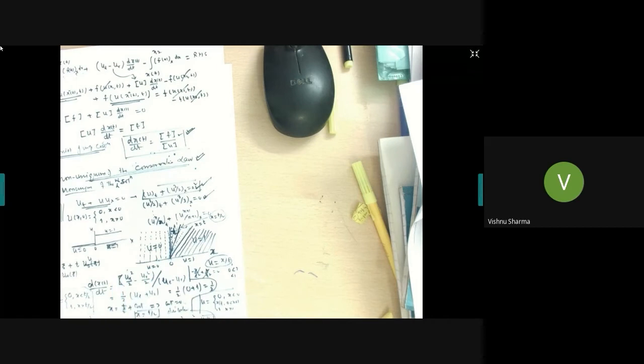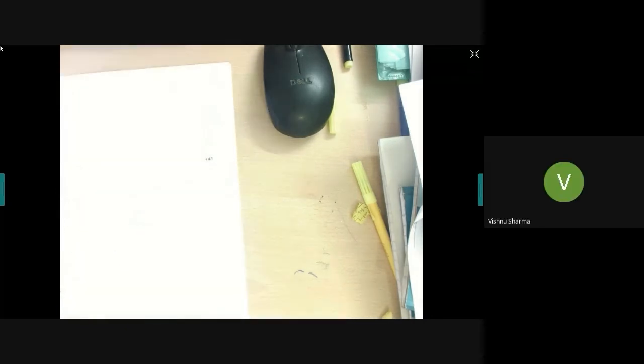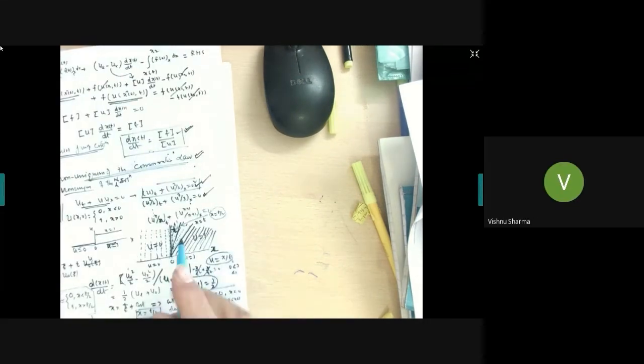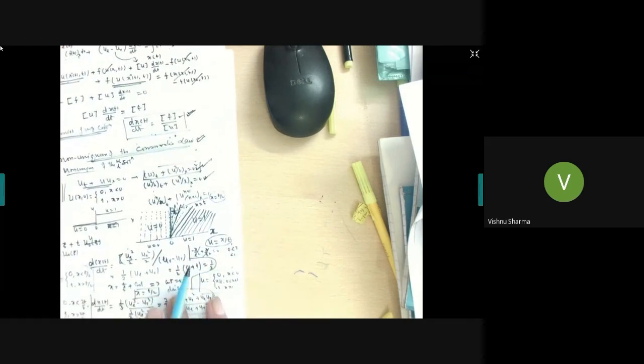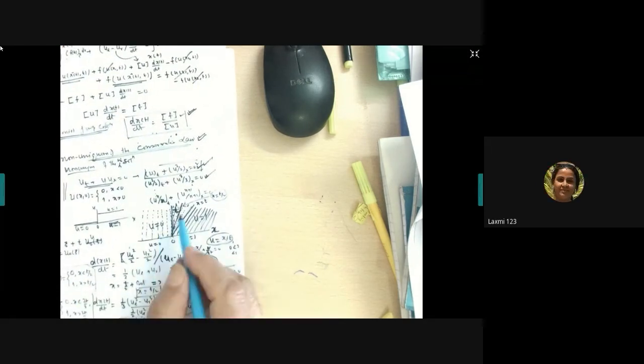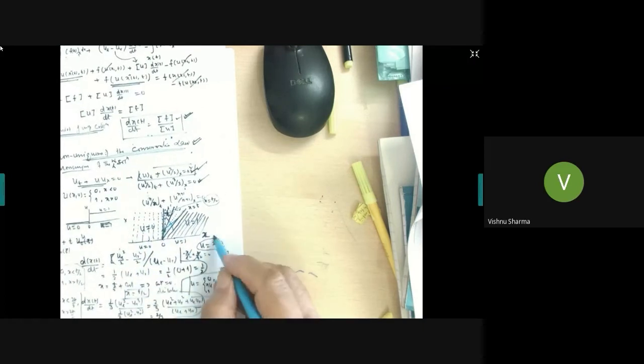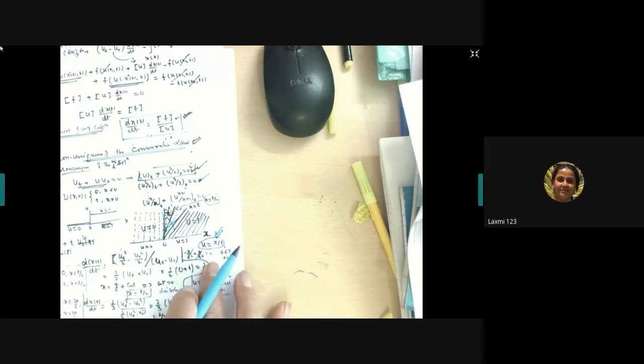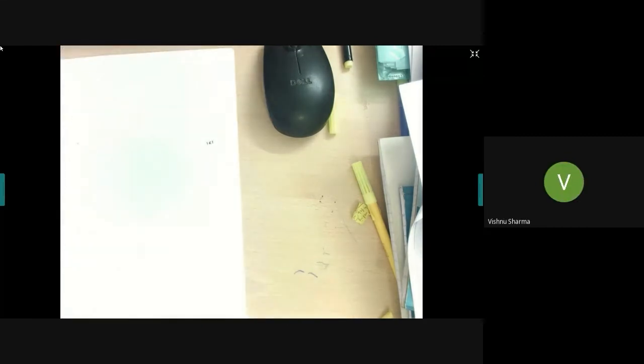Before this result was available, I had a freedom, so I introduced a discontinuity. Mathematically it is correct because it satisfies the RH condition. But here again, I cannot introduce a discontinuity, and this is the unique solution: u equal to x by t in this region, because it violates the Lax criterion.